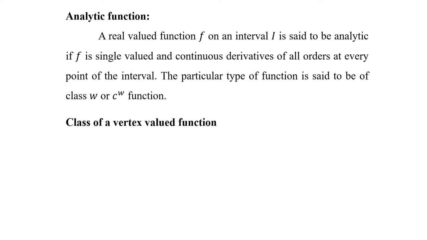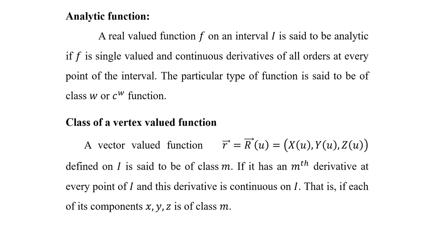Next definition, class of a vector valued function. We know how to represent the parametric form, vector r equal to capital R of u. The vector valued function r vector equal to r of u equal to x of u, y of u, z of u defined on I is said to be of class m if the mth derivative exists at every point on I and the derivative is continuous on I, that is, if each of its components x, y, z is of class m.